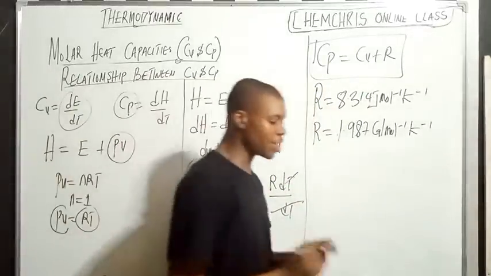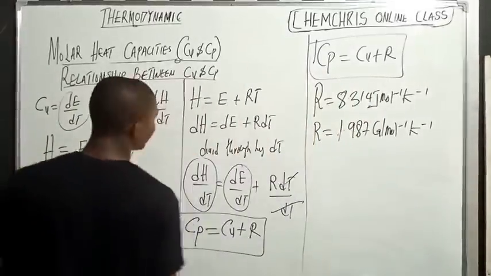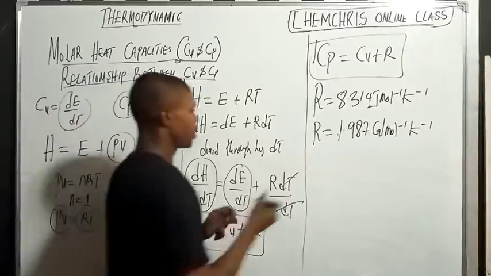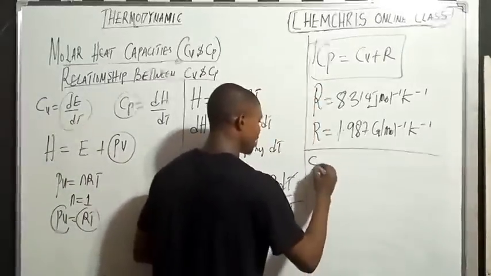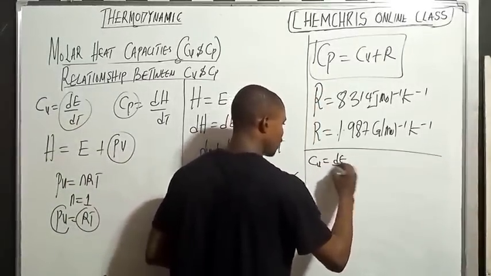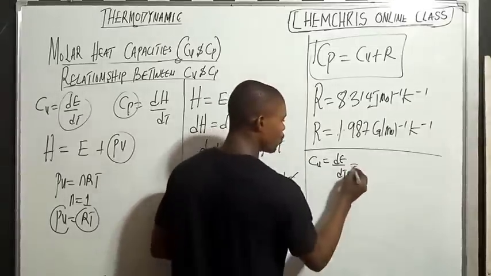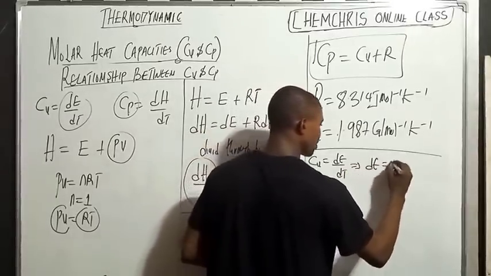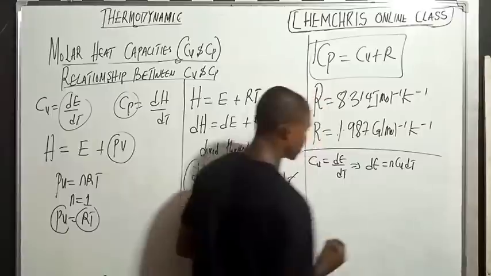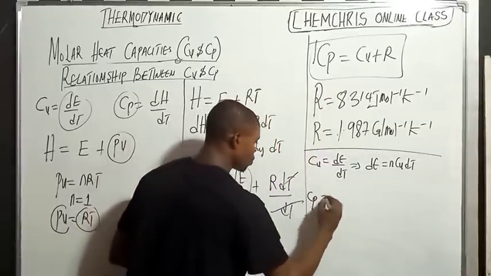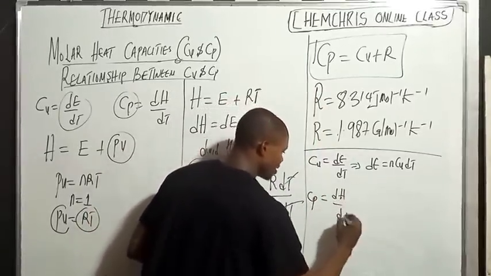So what are the formulas we have derived in this video? We have derived that CV equals change in E over change in T, right? And we later define that change in E equals nCV change in T. Very important. We later define CP equals change in H over change in T, right?